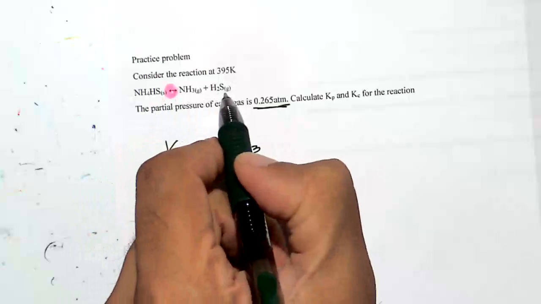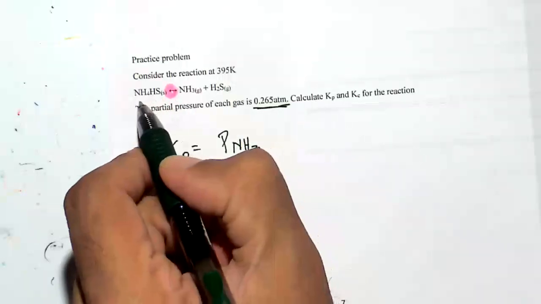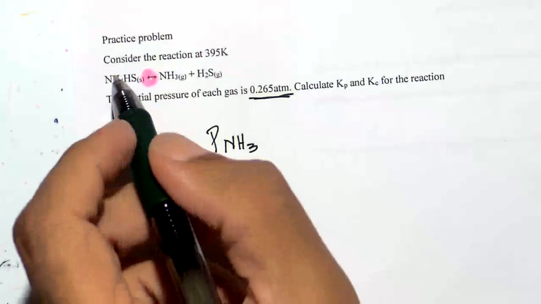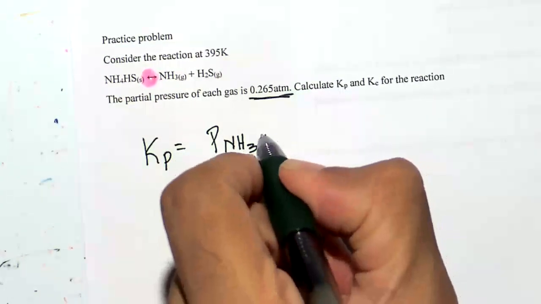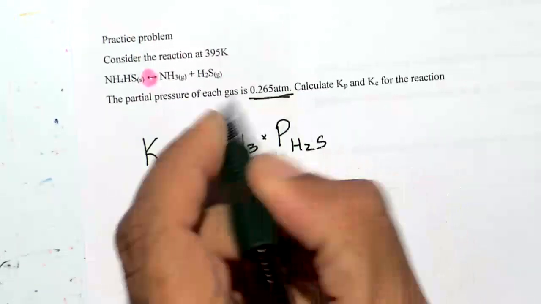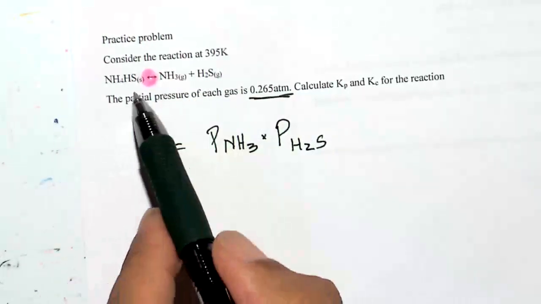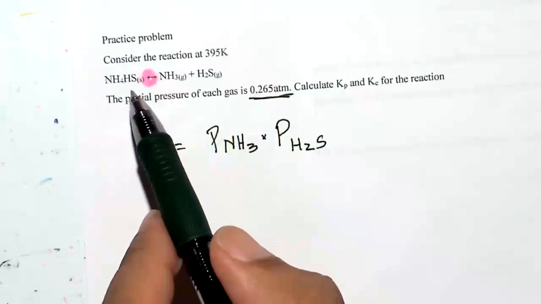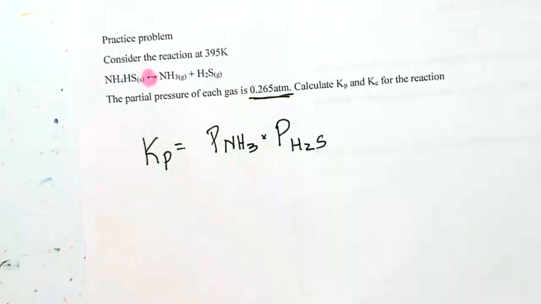Are we balanced? Yes, we're balanced. Pressure of NH3 times the pressure of H2S, each raised to the 1 power, divided by, do we divide it by NH4HS? No. Okay, good eye.